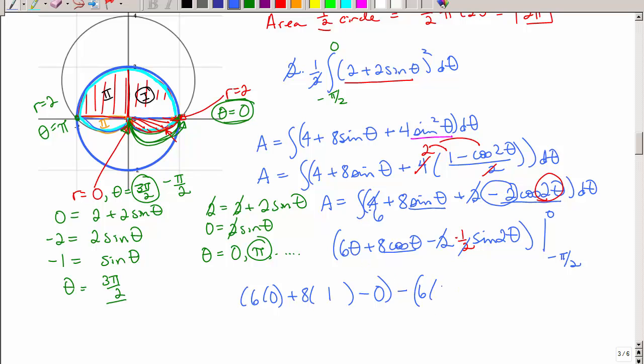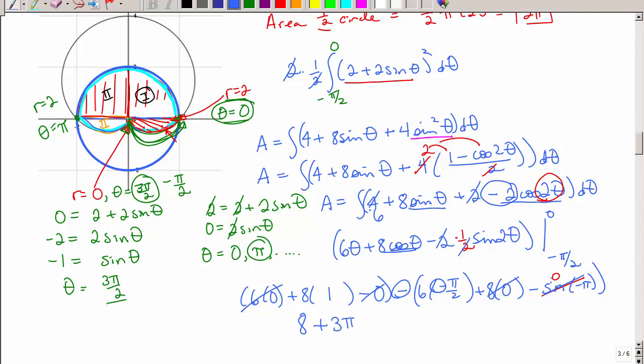So 6 times negative pi over 2 plus 8 times the cosine of negative pi over 2, which is 0, minus the sine, let's see, if I put in negative pi over 2 times 2, that would be negative pi. And what is the sine of negative pi? That's 0. So let's see, I've got 0, 0, 0, 0, but I've got an 8, I've got a minus and a minus, that's good, plus 3 pi.